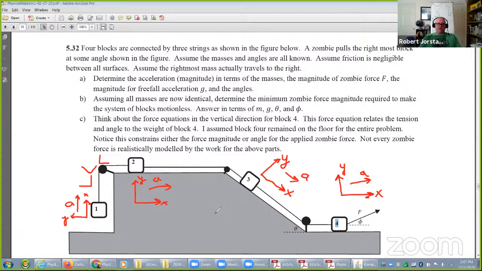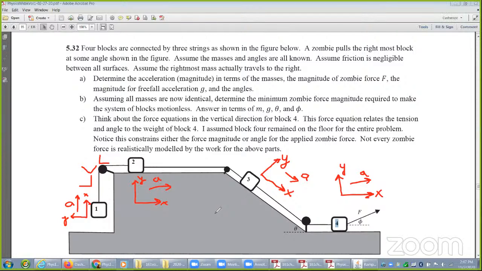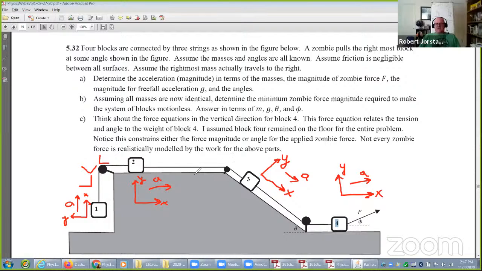So before you get all crazy, what about the strings? Do they all have the same tension? It doesn't say tension, actually. Well, let me ask you this. There's this tension right here. There's also a tension on block 3.